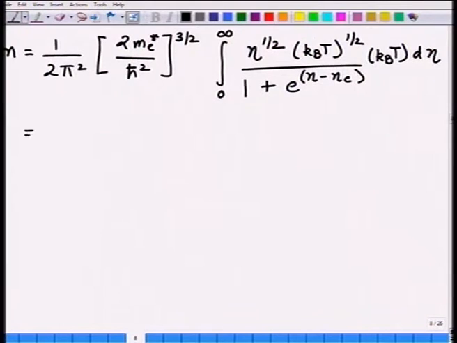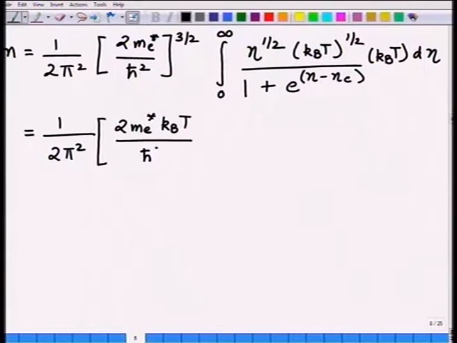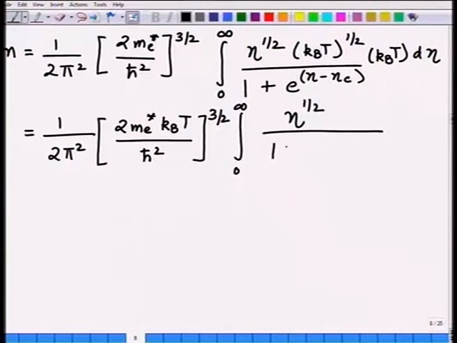So, I am going to write this as 1 by 2 pi square (2 m e star) I am going to include now k b T here, h bar square to power 3 by 2. I will take k b T out, that means 0 to infinity eta to power half divided by 1 plus e to power eta minus eta c d eta.